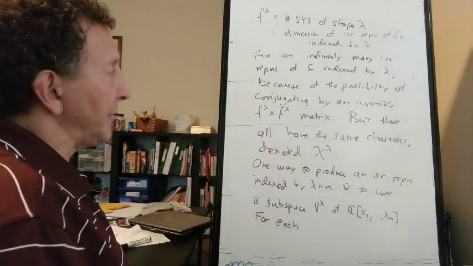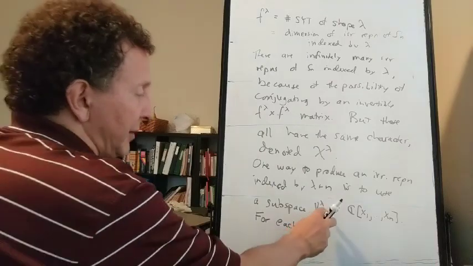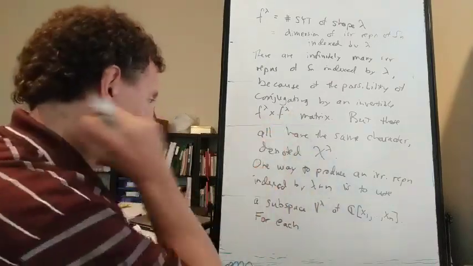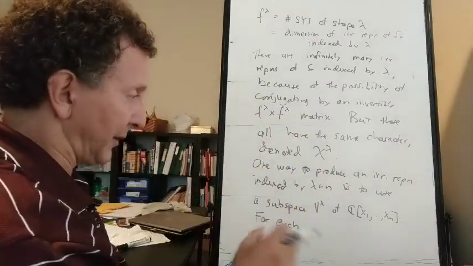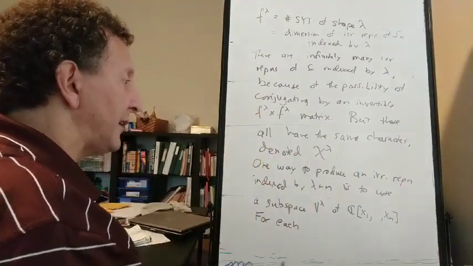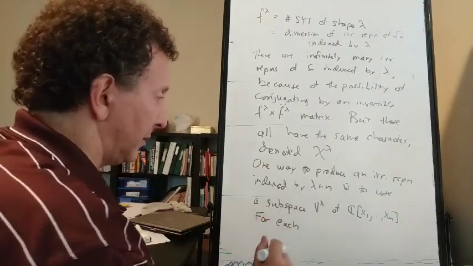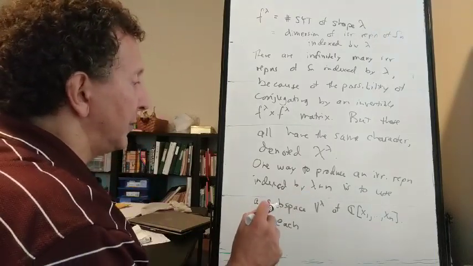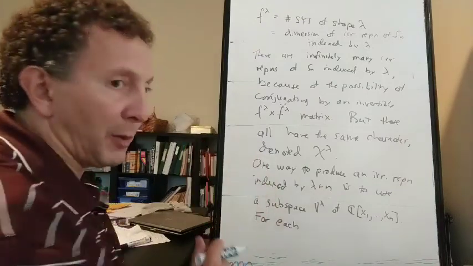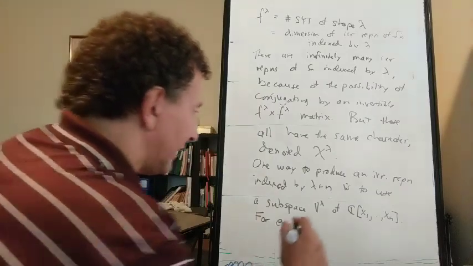And we want to produce matrices that are f lambda by f lambda. So we have to pick a subspace that's that dimension, because the linear maps from that space to itself are going to be that size. And so if we pick a basis of the subspace, then we'll let the symmetric group act on that somehow by linear operators, and then we'll get matrices of this size.